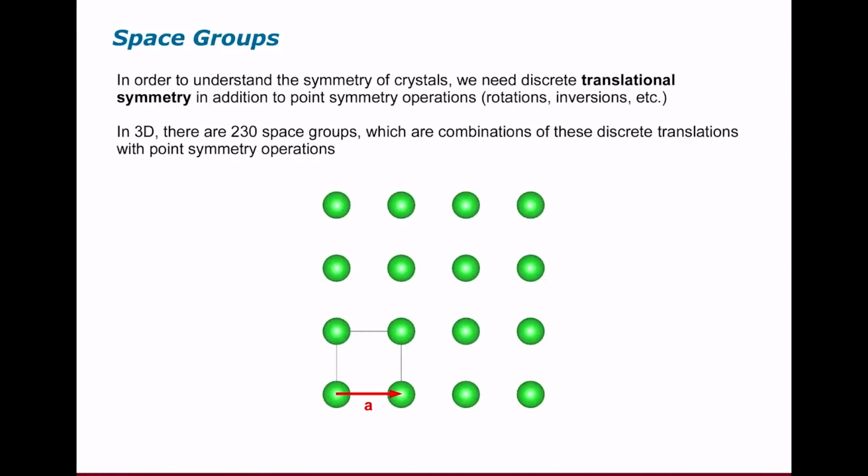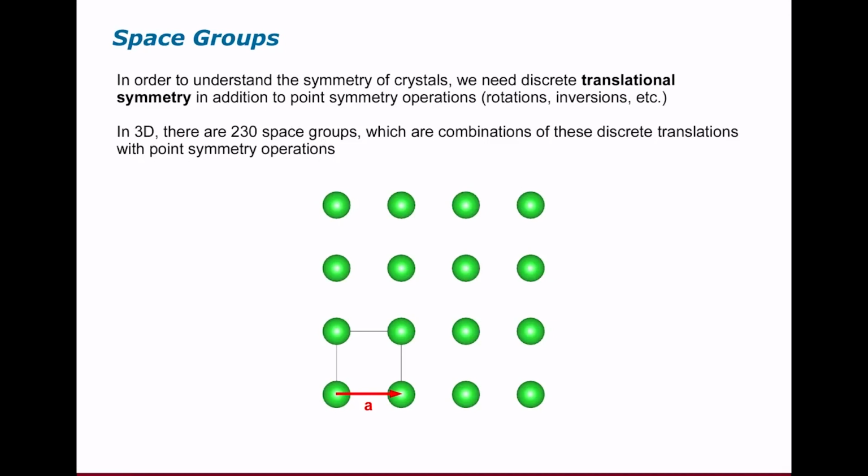So this symmetry, when you combine it with the point group operations like rotations, inversions, etc., determines the symmetry of a crystalline system completely and uniquely. And it turns out that there are only 230 different ways to have a group of symmetry operations that describe a three-dimensional object.